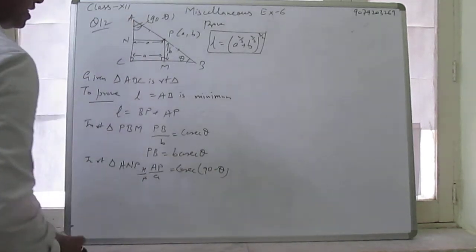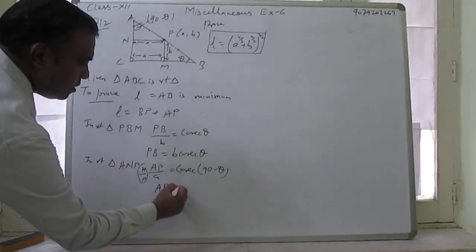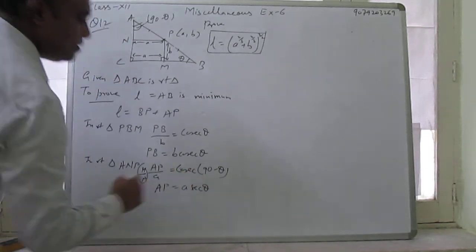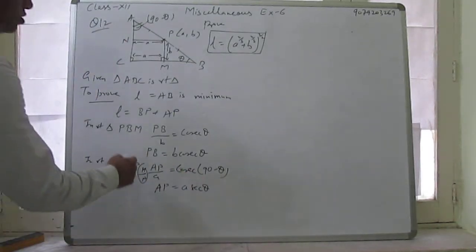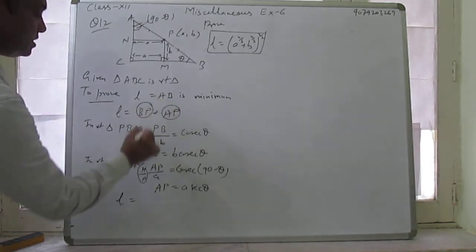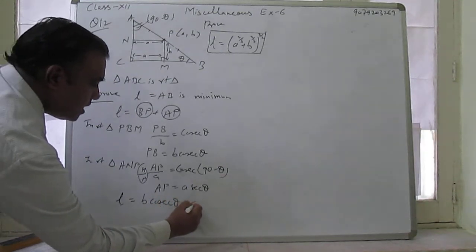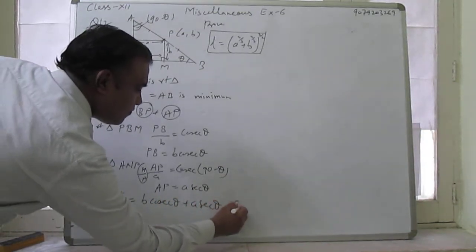Cosec 90 minus theta is sec theta. So AP is equal to A sec theta. So length is equal to BP plus AP, B cosec theta plus A sec theta. This is equation 1.